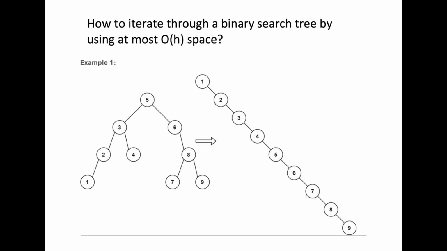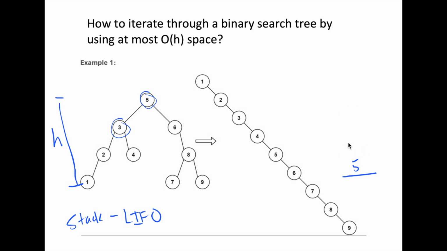The solution to iterating through a binary search tree and using at most O of h space, where h is the height of this binary tree, we want to use a type of data structure called a stack. And stacks are last in, first out. So we're gonna keep a stack. We're gonna take the root node, add it to the stack, and then take its left element and add it to the stack.